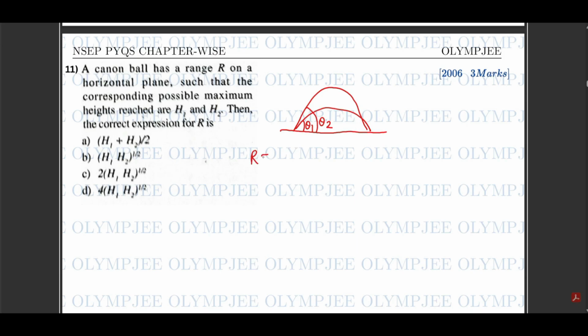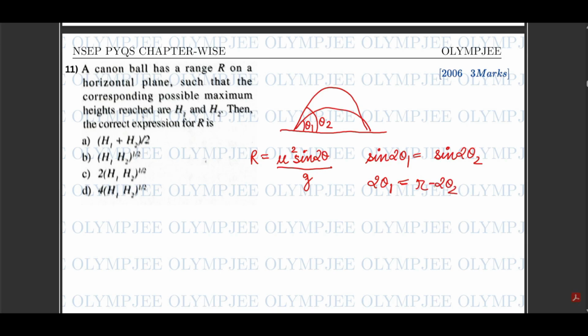We know that range is given by u square sine 2 theta divided by g. So this implies that sine 2 theta will become equal at two different thetas. Sine 2 theta 1 is equal to sine 2 theta 2. So 2 theta 1 must be pi minus 2 theta 2.